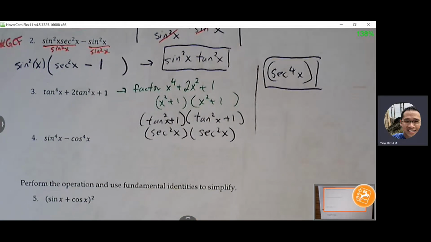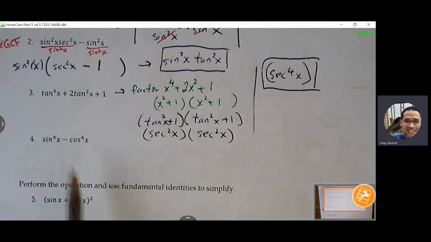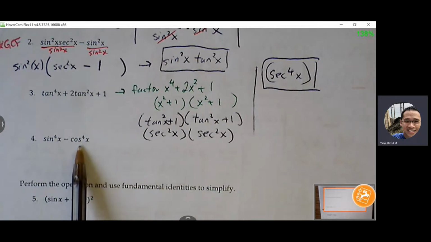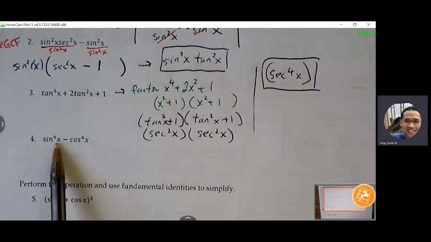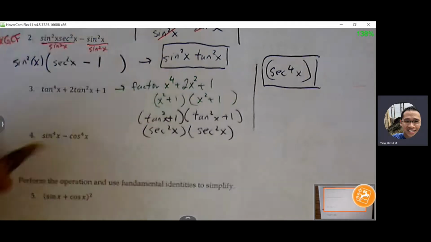Okay, one last one here, number 4. Sine to the 4th minus cosine to the 4th. Do you see anything here? Yeah, perfect squares, right? Difference of squares. Let's break them down.